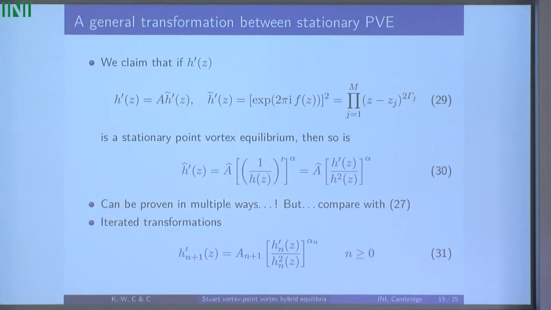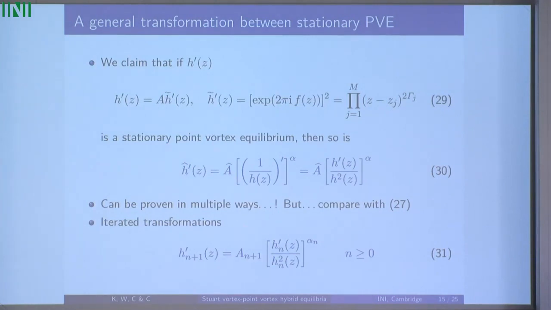So if H prime is an equilibrium, that is, if it is formed from Zj such that all these Zj's are all stationary, then you form this H hat prime where alpha is some real number, then that is also an equilibrium. It doesn't matter what the Zj's are, what the circulations are, and so on.